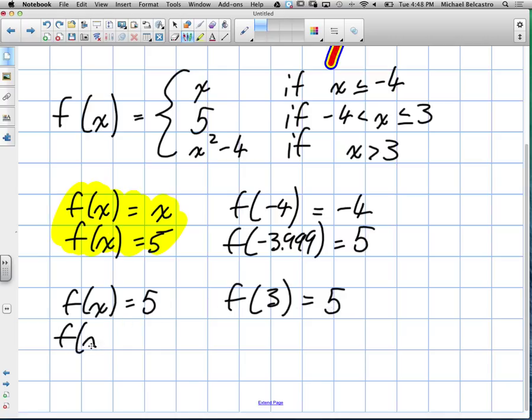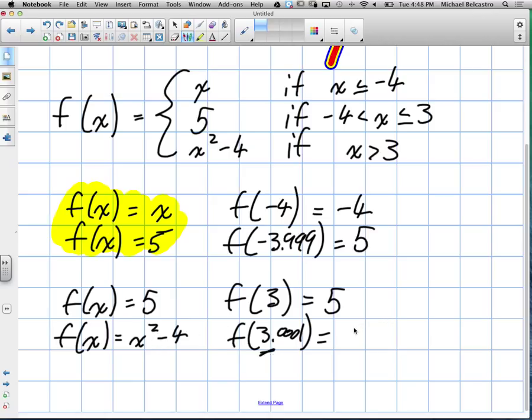And in our other function, f at x is equal to x squared minus 4. When x is a value of like 3.00001, so just a little above that, what does our function become? It's almost equivalent to say what is our value at 3. We can essentially plug in our value of 3 because we know we're going to be extremely close to where our 3 is.